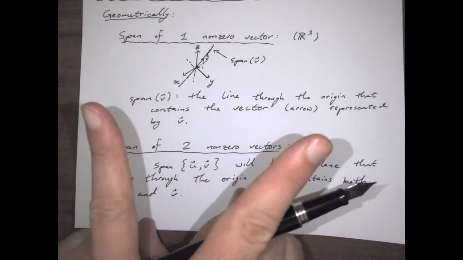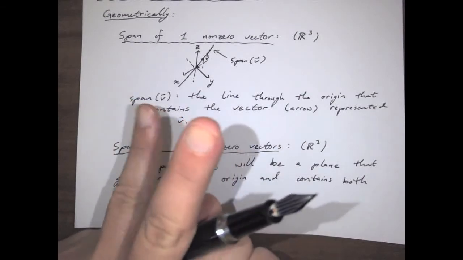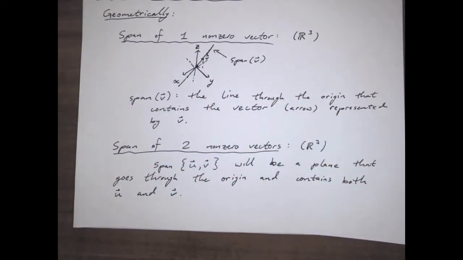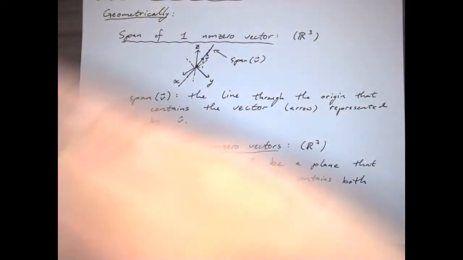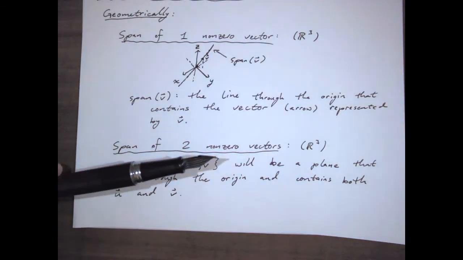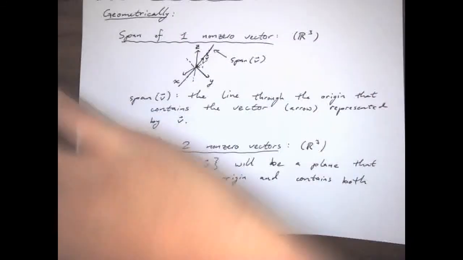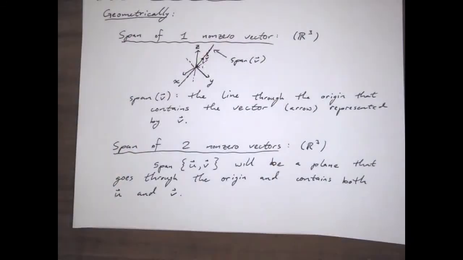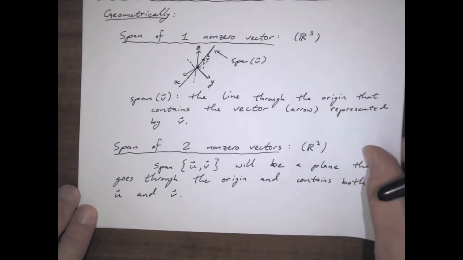In other words, we've got two different directions pointing somewhere in space, and the span is the plane, the two-dimensional sheet that contains both of those.